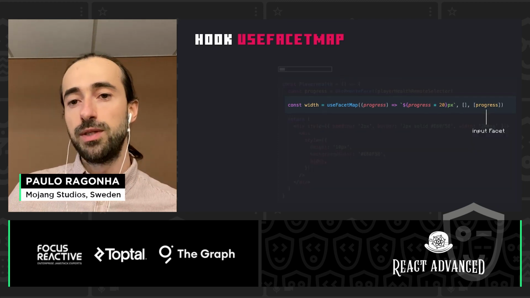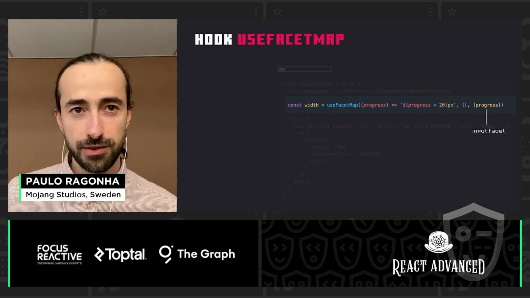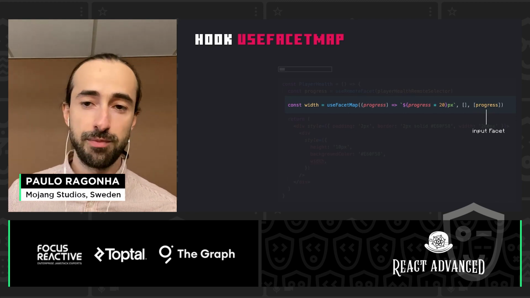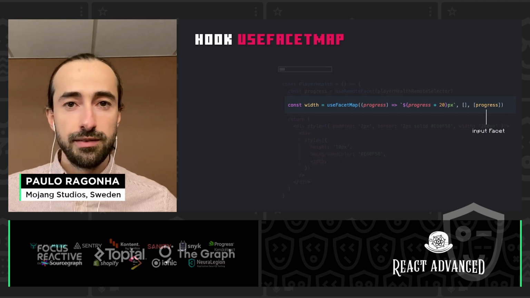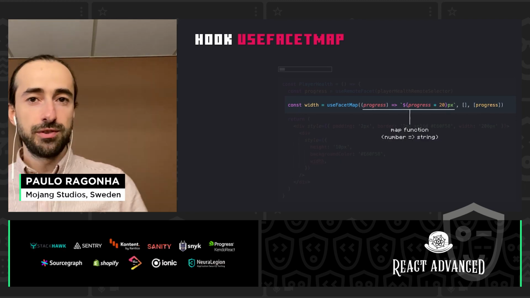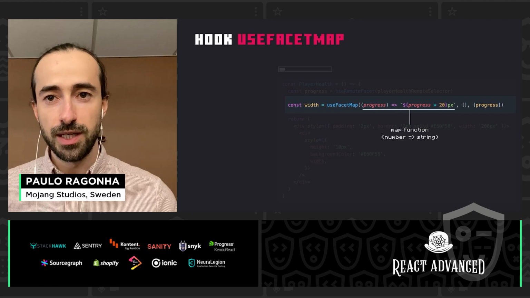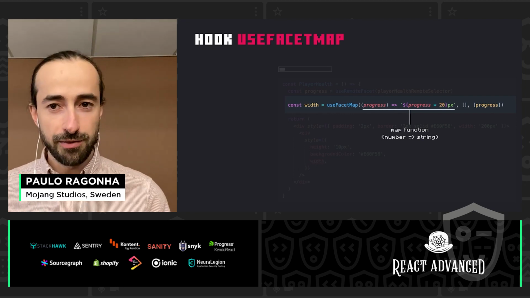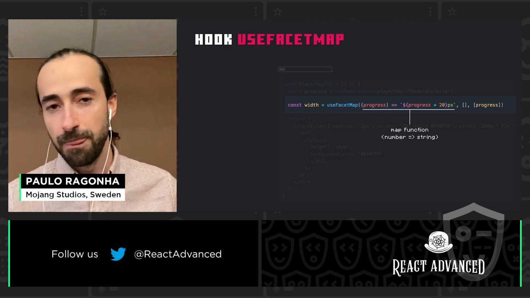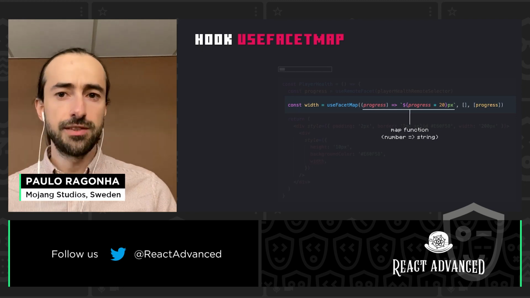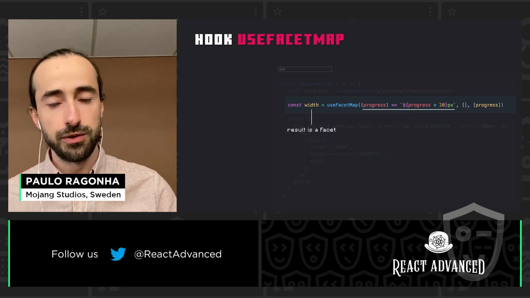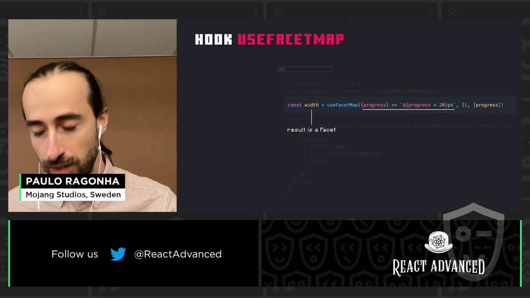It can actually take multiple ones, but in this case we're only passing one, which is the progress that we subscribed to in the line before. Then we have a map function that takes the progress, which is the number coming from the facet, and transforms it into the string containing the pixel unit. The result is also another facet, which is now held in the width variable.